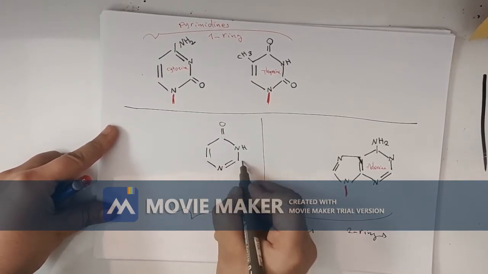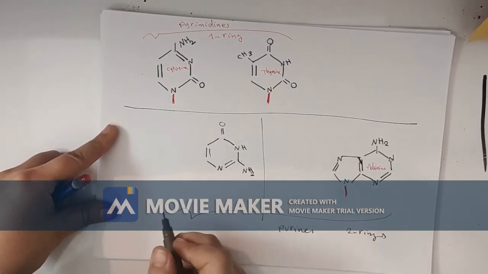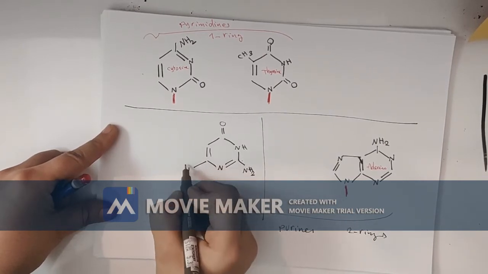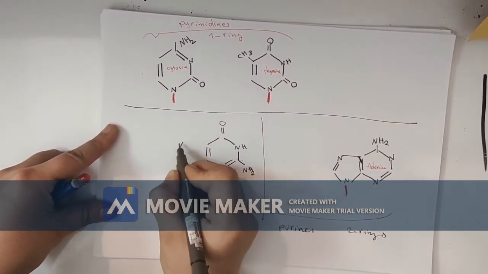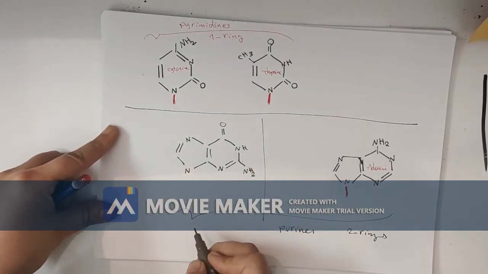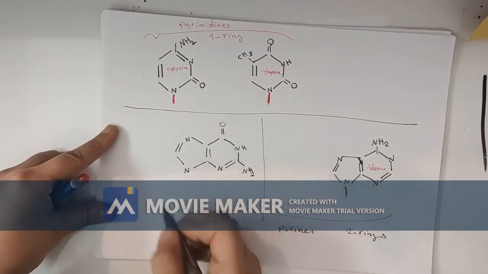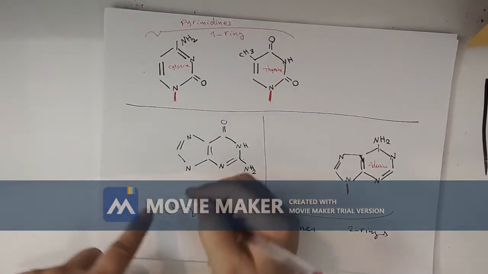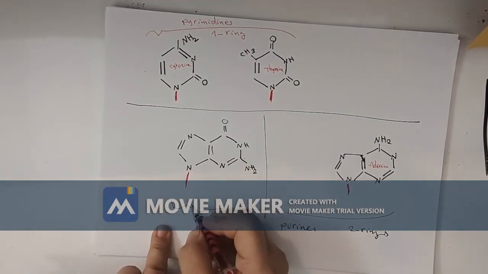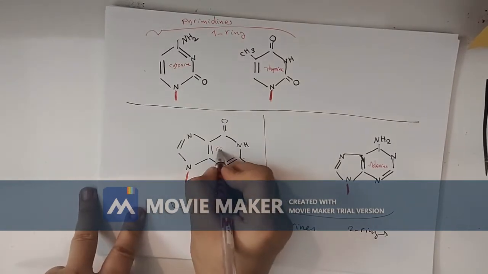Again, double bond. Here we have NH2. Okay, so again from this side, we have nitrogen. We have a double bond here, and then we have nitrogen, and then it is over. This is a 5 ring. This is 5 corners. This is 6. And then from here, which is the nitrogen that is available, this is connected to the phosphorus sugar backbone. So this is guanine.